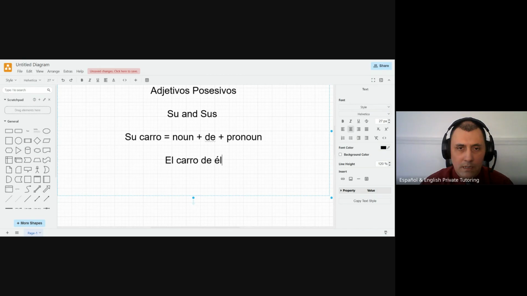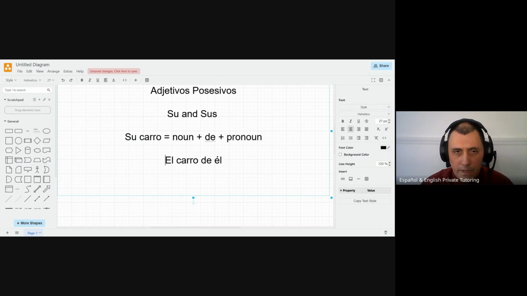So this in English is like saying his car, but his car in English is not ambiguous, but in Spanish it is because of su. So to clarify this, instead of saying his car, you will say the car of he. That's a direct translation from Spanish to English. So that's how we say it to clarify.